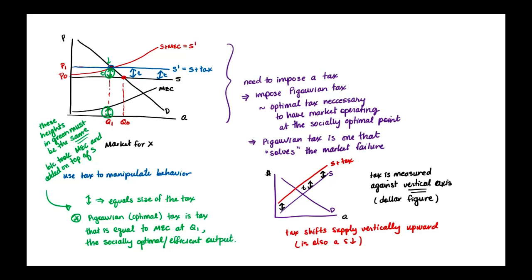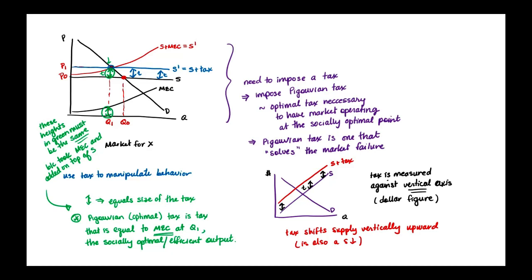So a Pigouvian tax says we need to tax an amount exactly equal to the marginal external cost at Q1, not the marginal external cost at Q0 or some other level. That would be too big, right? The optimal tax to solve market failure is to tax people an amount equal to the marginal external cost that their behavior results in.